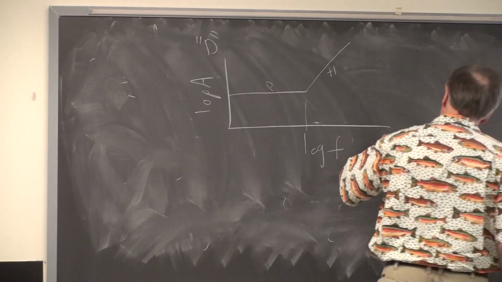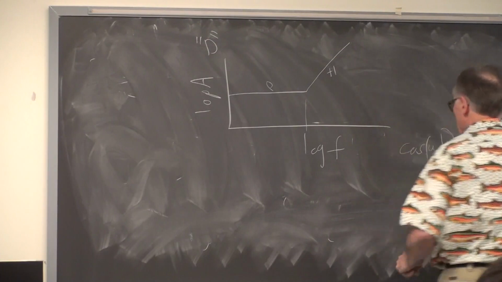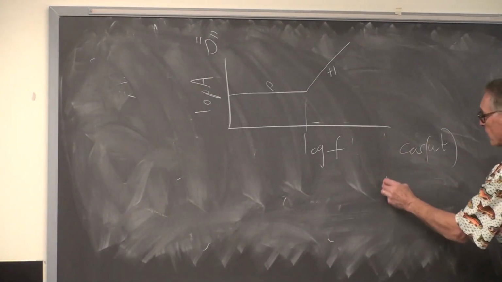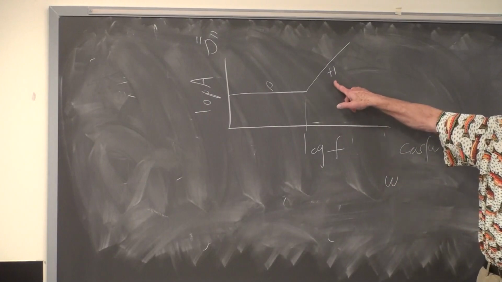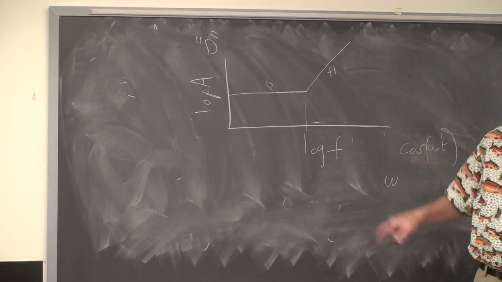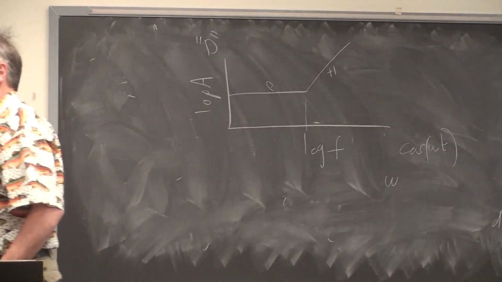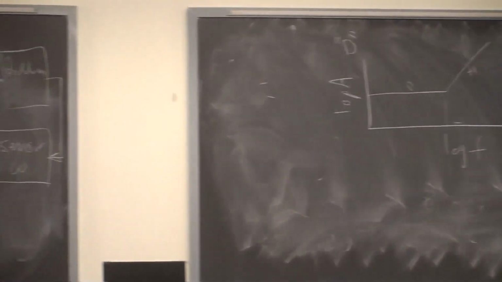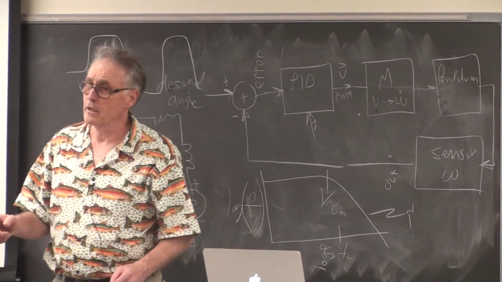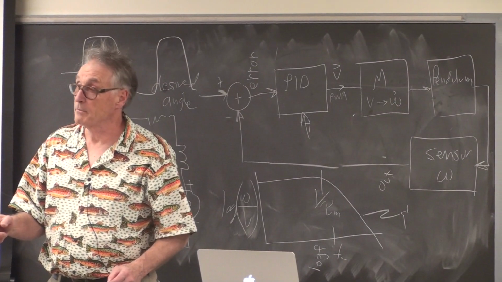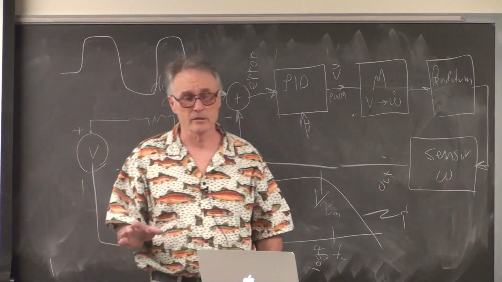Because when you differentiate cosine omega t, the lead term is omega. Take the log of omega, you get +1. So we're going to add a derivative term above some critical frequency. What critical frequency? It's about the time constant of the motor. Of the pendulum.